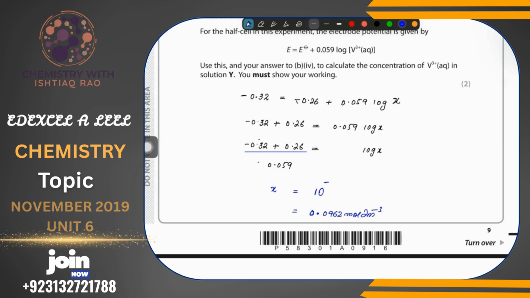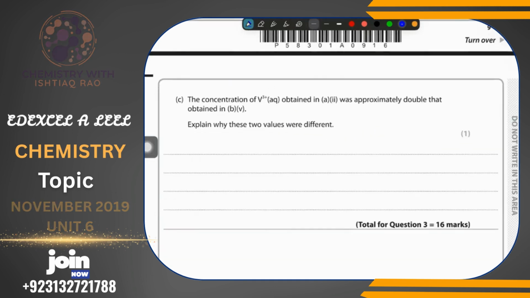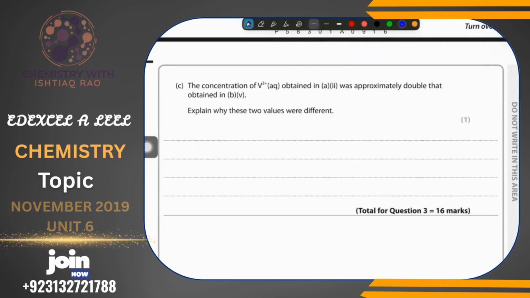The concentration of V3 plus is approximately double that obtained in B5. Explain why these two values are different.